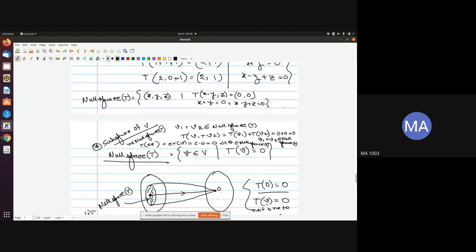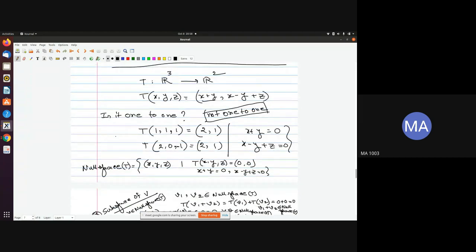So in this transformation which I have just calculated, what was the nullity? Nullity was 1. Correct? So is it 1 to 1 or not 1 to 1? Not 1 to 1. Got it? How do we find it? If the transformation has to be 1 to 1, the nullity has to be 0.